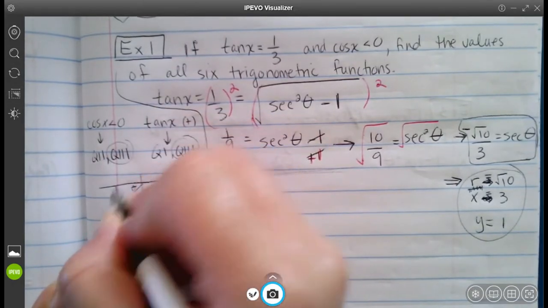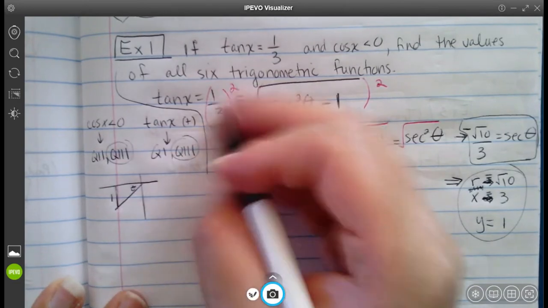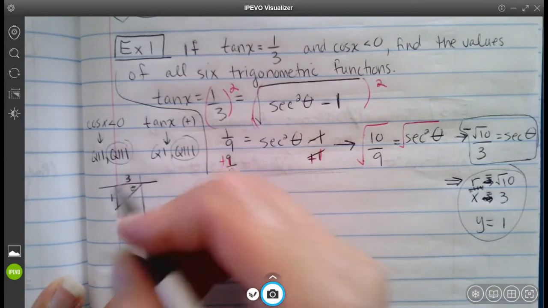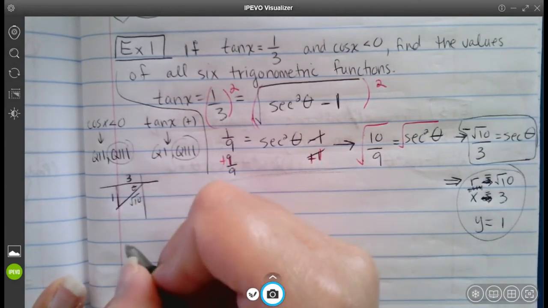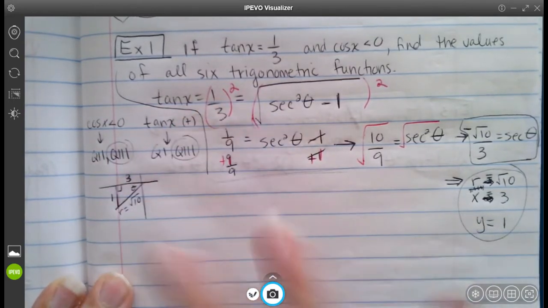So the y value is 1, opposite, and the adjacent is 3. So using the Pythagorean theorem, you would have gotten square root of 10 for your r. Pretty cool, huh? All right, but same results.